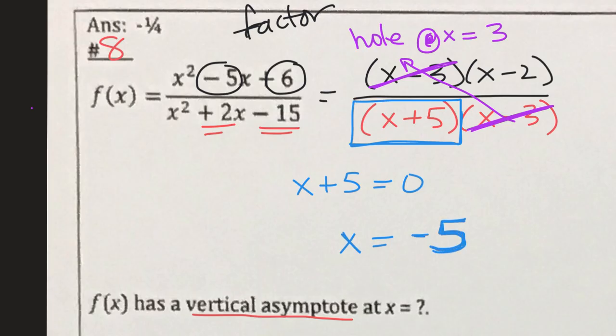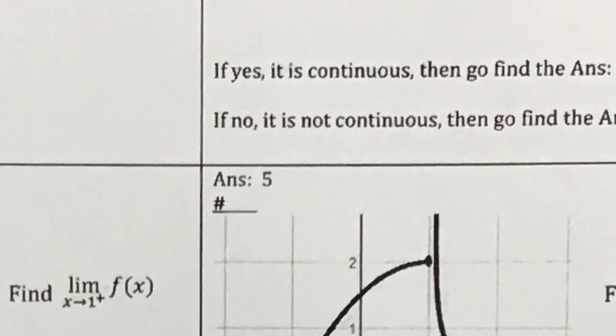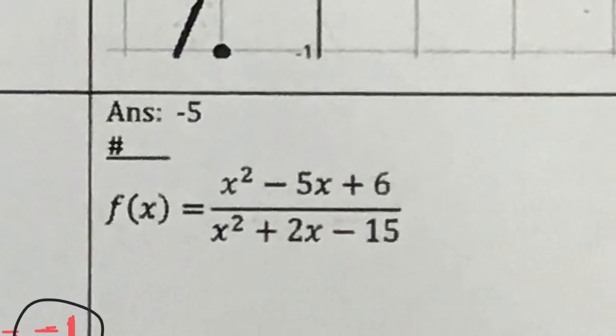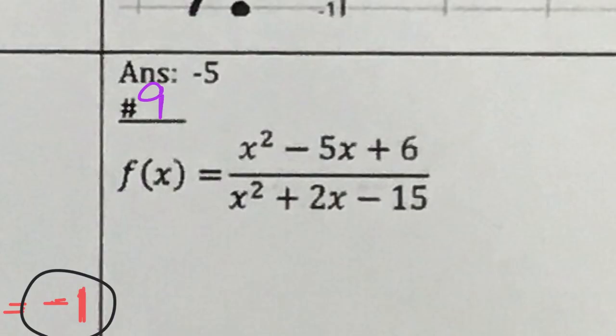So this function f has a hole where x equals positive 3, and it has a vertical asymptote where x equals negative 5. And that's the question we were asked about, is where does it have a vertical asymptote? Okay, so negative 5 takes us over to here. This is answer number 9.